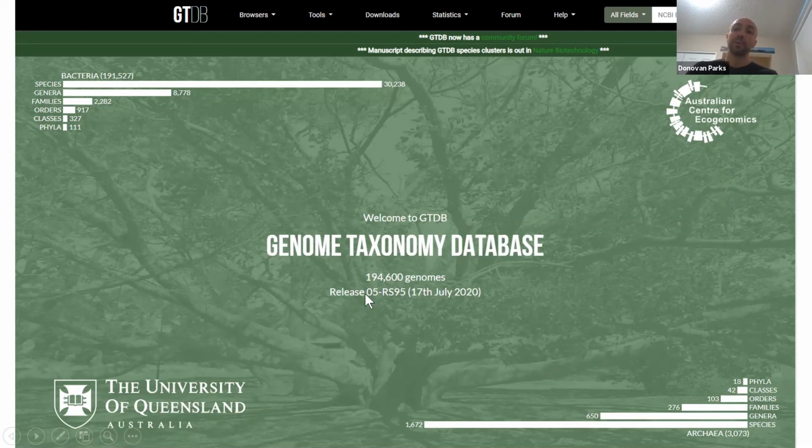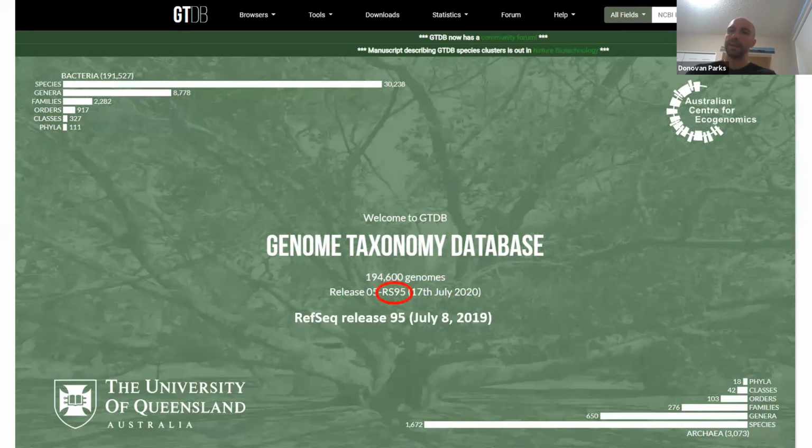So we're currently on release 5 of the GTDB, and this release is based on genomes that were at NCBI as of when RefSeq 95 was released. So this is something you can look up at NCBI that has an actual date. So this version of the GTDB encompasses all genomes that were at NCBI as of July 8th, 2019.